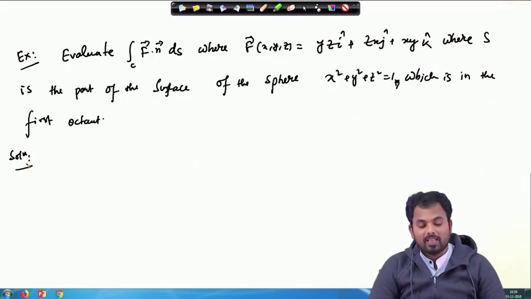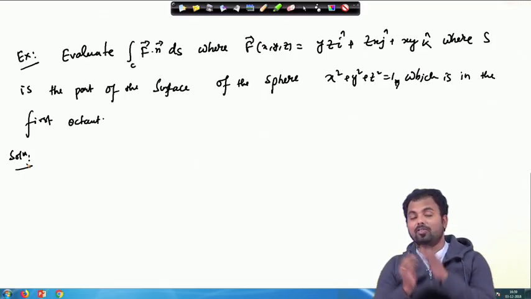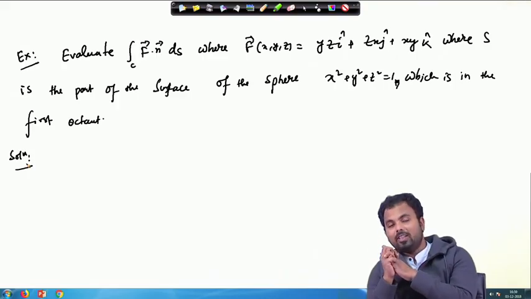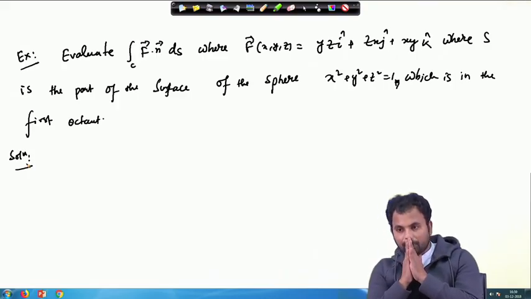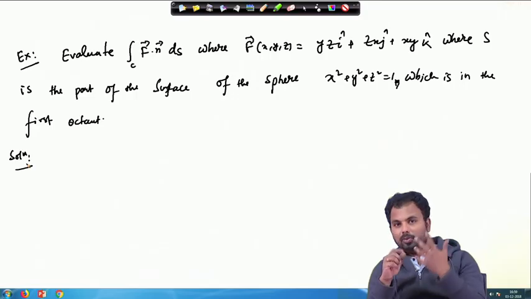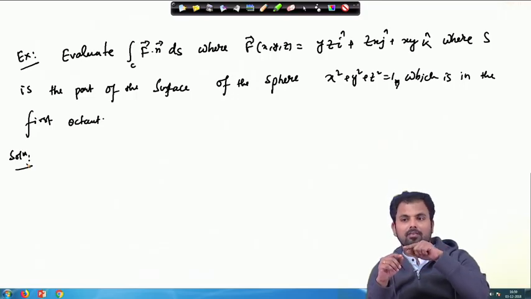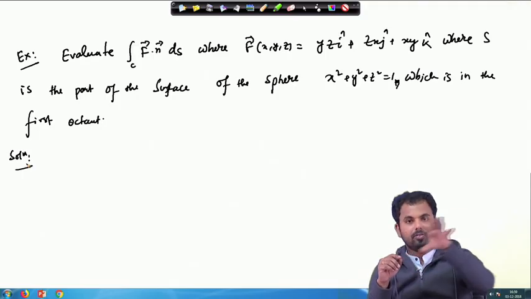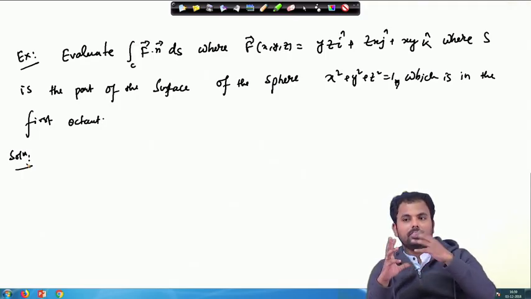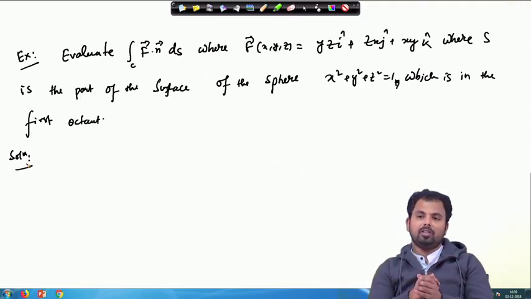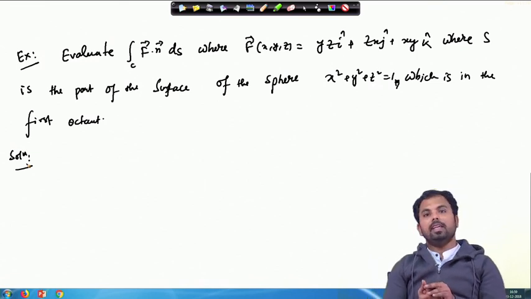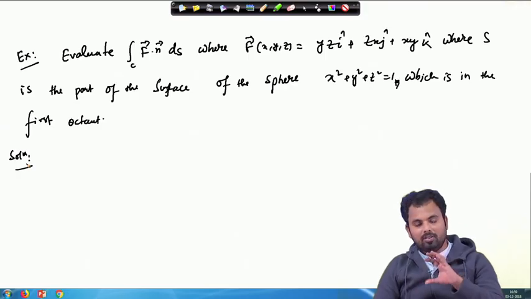However, there is a small catch that we have to just consider a surface that is in the first octant. So, if you consider, let us say, a circle in 2D, then it actually has 4 quadrants. In case of a sphere, since it is a 3-dimensional geometry, you will actually have 8 octants, and we have to limit to just the first octant.